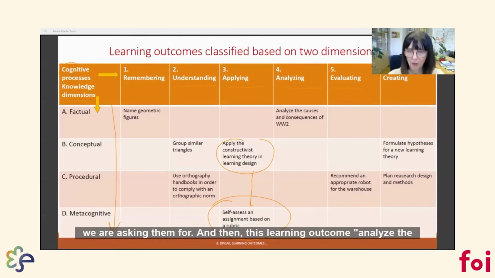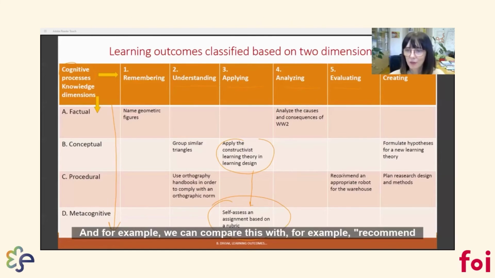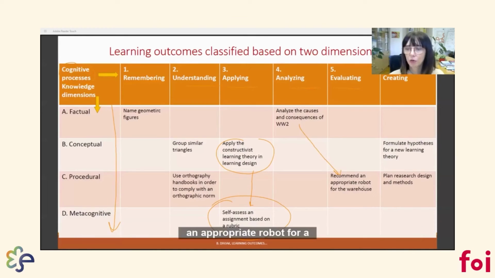this learning outcome, analyze the causes and consequences of World War II, probably from history, is factual. And we can compare this with, for example, recommend an appropriate robot for a warehouse.